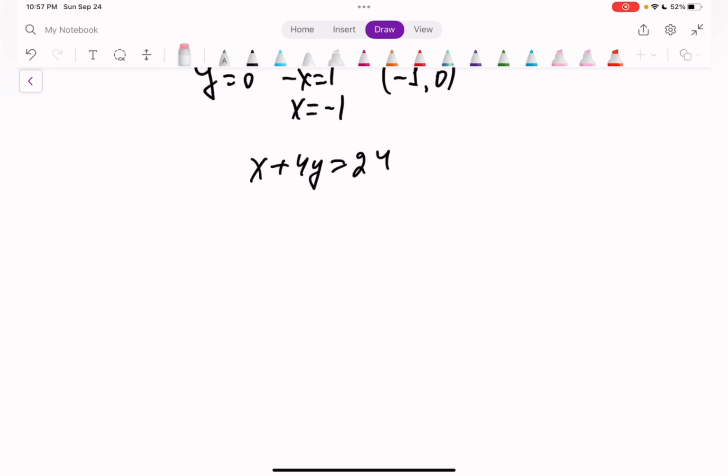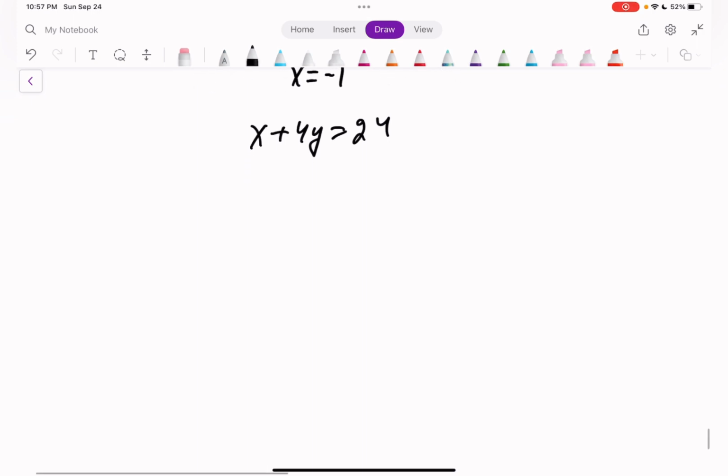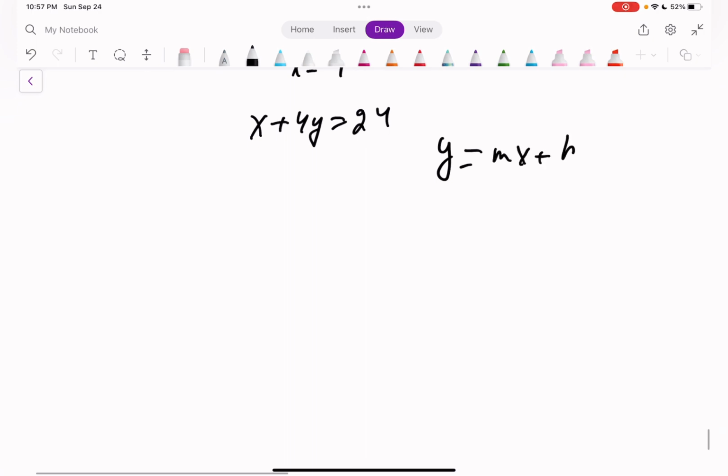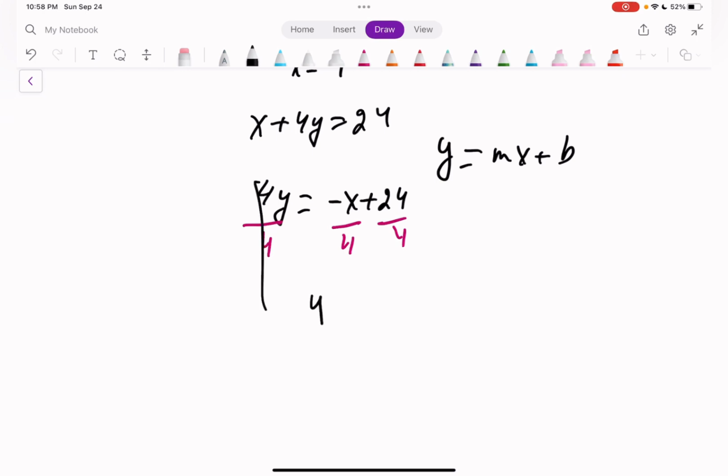We are going to go by slope and intercept, which means I have to find y and represent it as mx plus b, right? 4y is equal to negative x plus 24, and dividing by 4, I will have y is equal to negative 1 over 4x plus 6. Negative 1 over 4x plus 6.